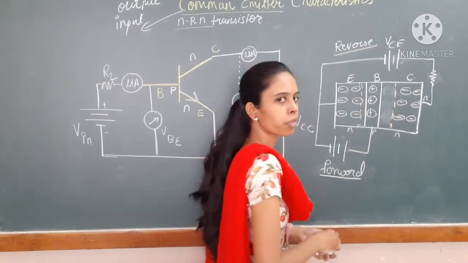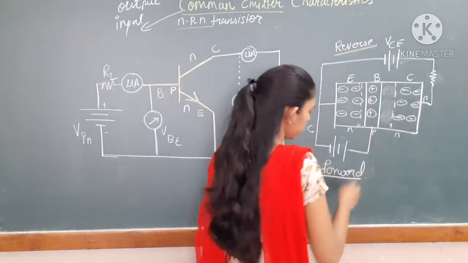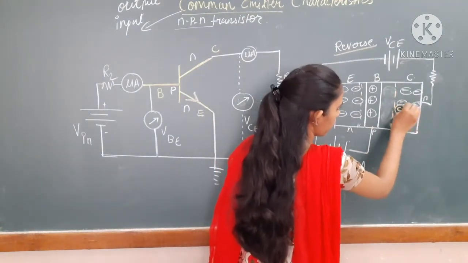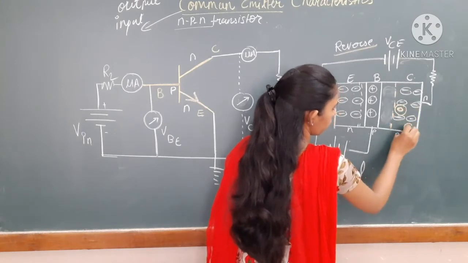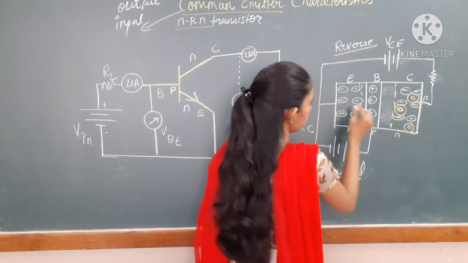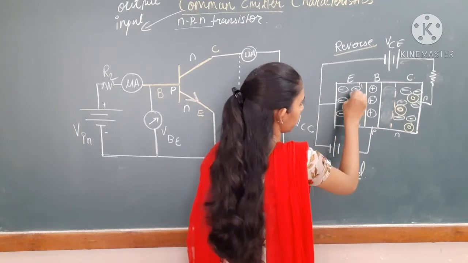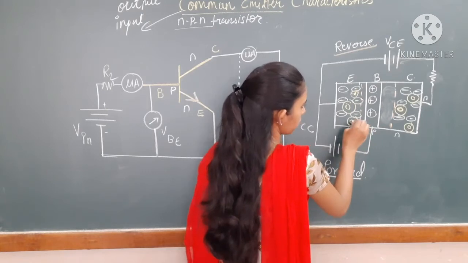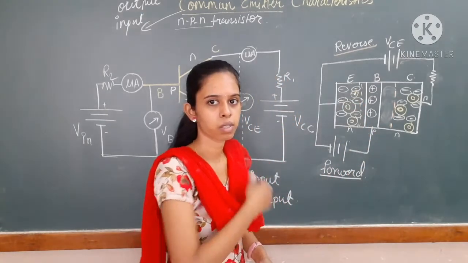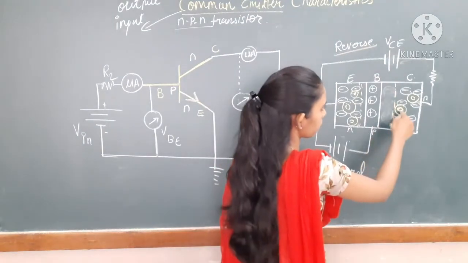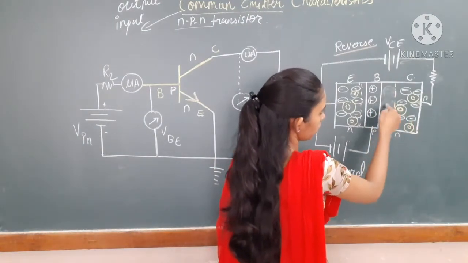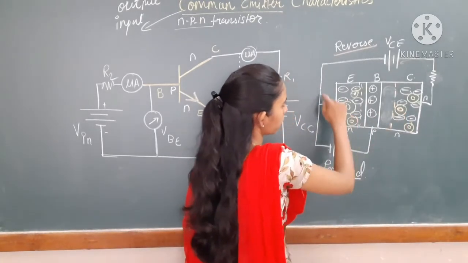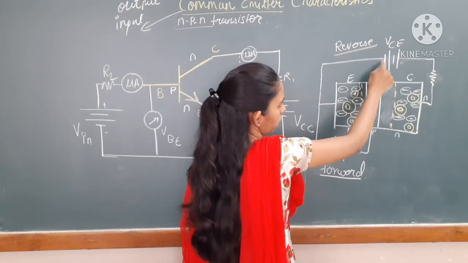Over here, the minority carriers are the holes, present in the negative region. These minority carriers can pass through this junction. Holes are attracted towards the negative plate.